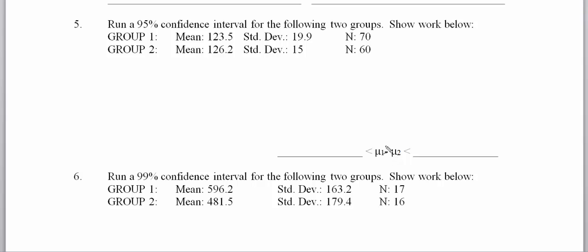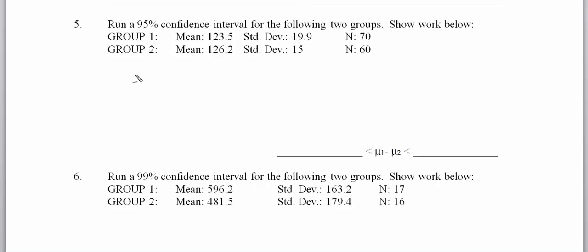Because if the difference is never going to be 0 between these two groups, and the two groups are always going to give a positive or negative number, then they are never going to be the same. That's what we're doing when we look at two different groups: we're trying to see if they are in fact different. And if they are different, then their averages will be different when we compensate for their standard deviation and our error.